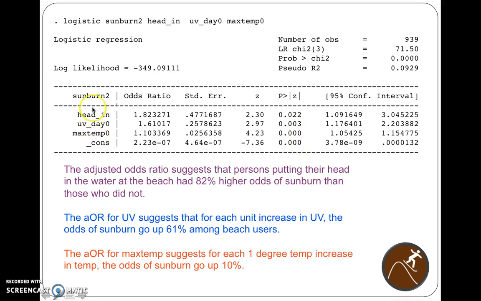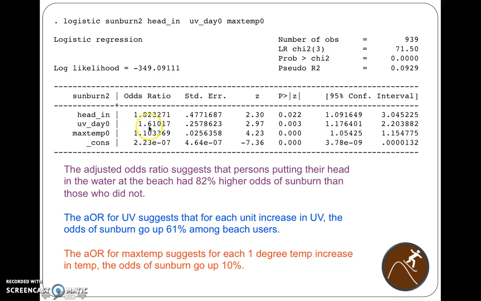So if you're trying to predict factors that put people at an increased risk for sunburn or having reported sunburn, these were a few that came out in this East Fork Beach study on these 939 swimmers that we had data on. We see the odds ratio for the variable head in is 1.82. We see that the whole confidence interval is above 1, which makes that obviously statistically significant. The p-value is less than 0.05.